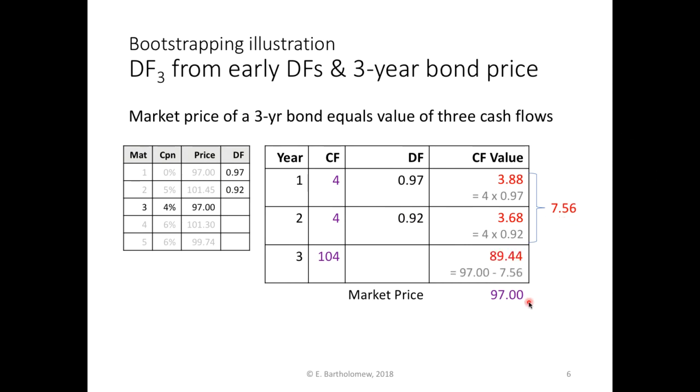So the total value of the bond is 97. We subtract 7.56, and we get this 89.44. And that 89.44 then is the value of that third cash flow, the 104. So divide the 89.44 by the 104, and we get the discount factor for the third period, 0.86.